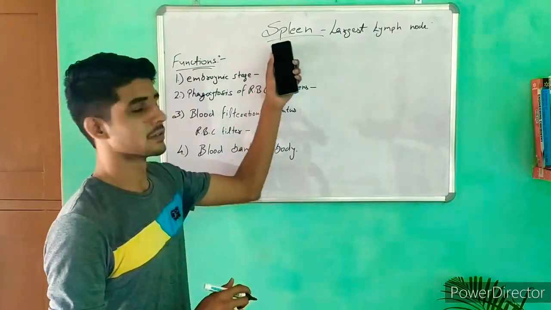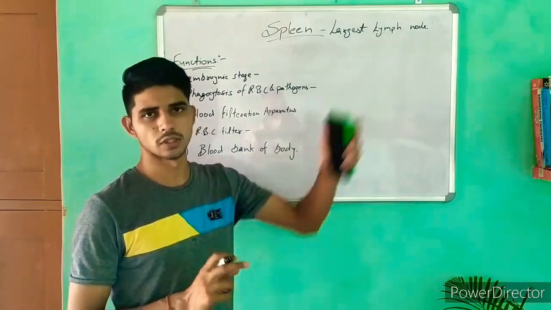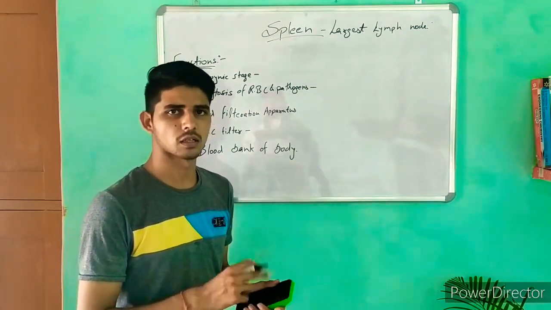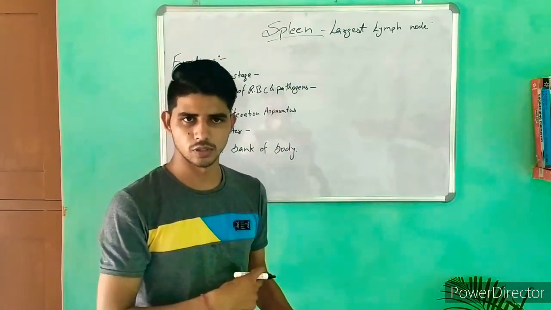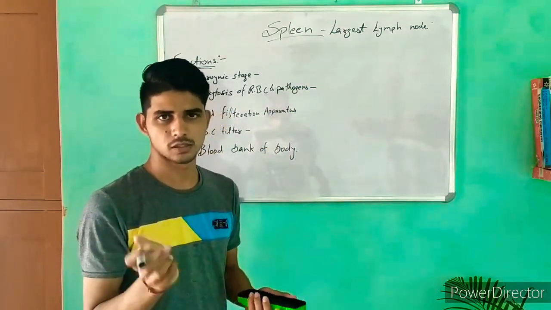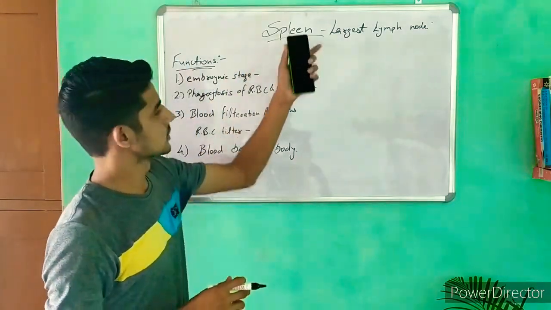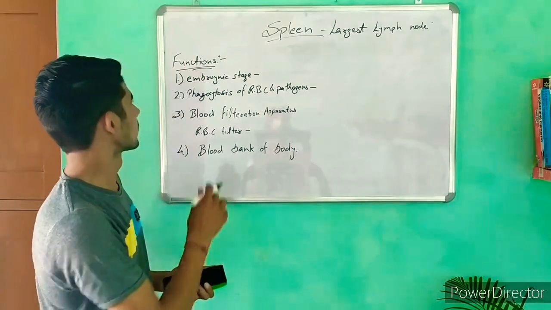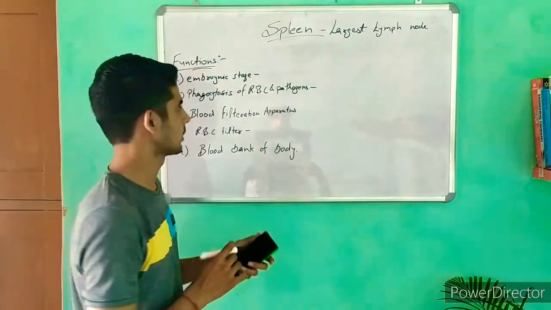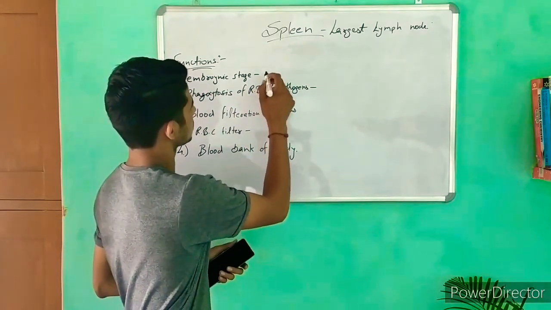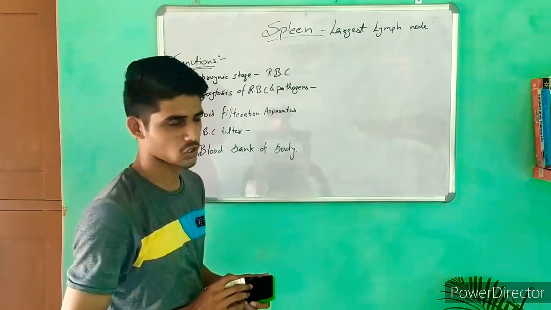So the spleen. Spleen is the largest lymph node of the body. It is red colored and attached to the lateral side of the stomach, as discussed in the last video all about the blood. It has too many functions. The first function is in the embryonic stage, its function is RBC production.